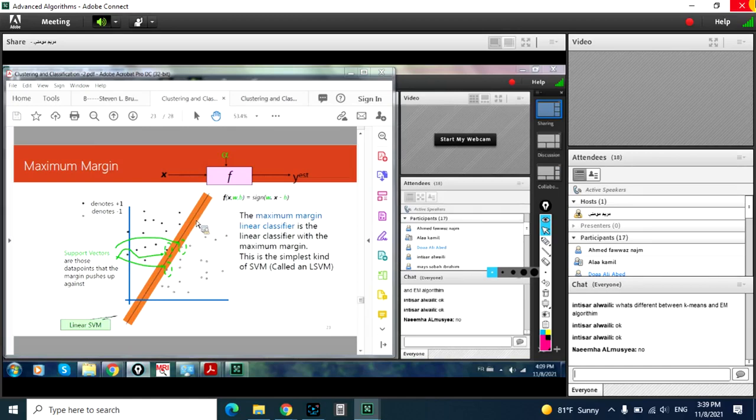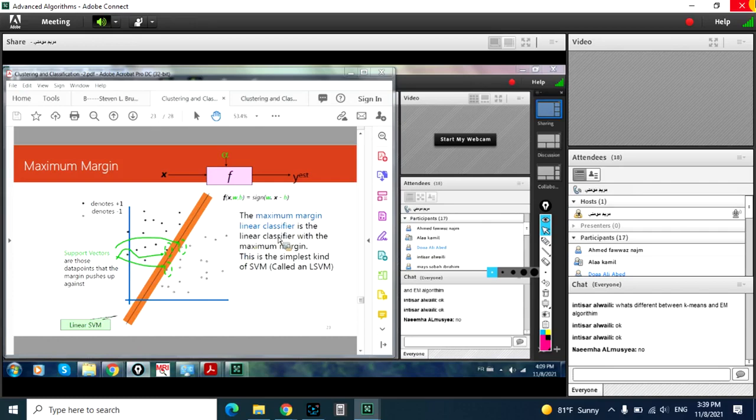Then this line with a large margin is more reliable compared to the previous one. Then this is better.